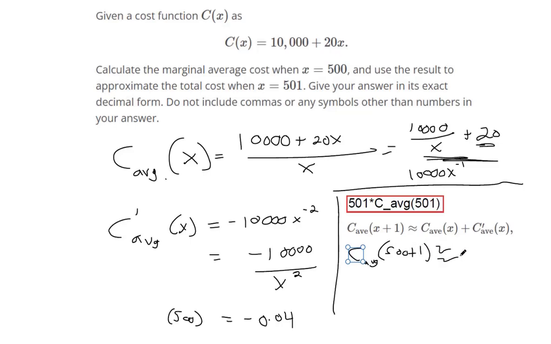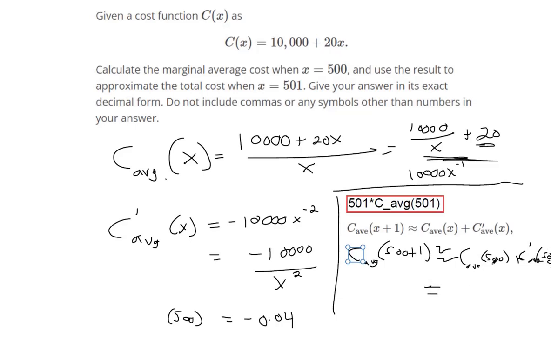It's approximately equal to the average cost of 500, which we haven't calculated yet, plus the marginal average cost of 500. That's the one we just calculated.